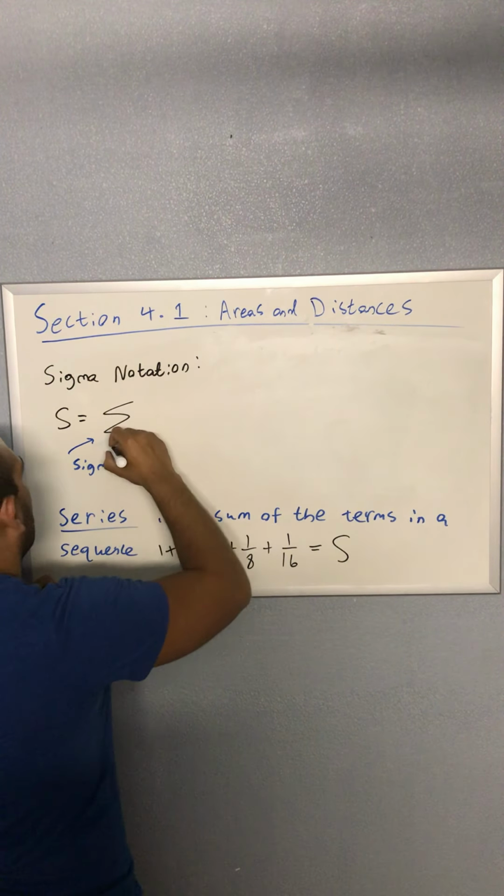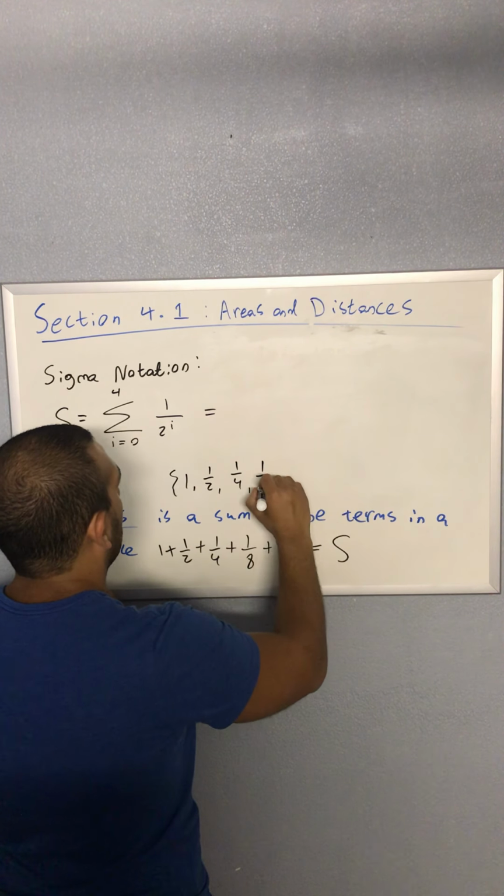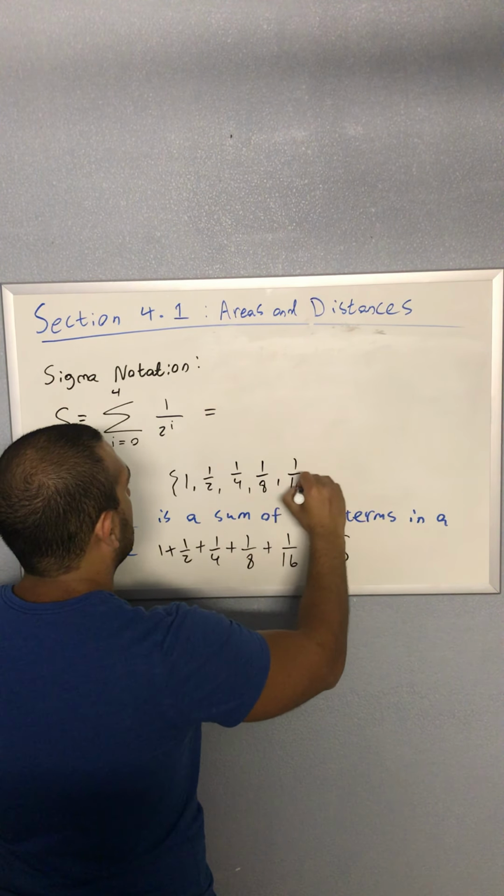So essentially, we're looking at the sequence that we construct. This says make the sequence of the first 5 terms here. So the sequence we've already seen would just be 1, 1/2, 1/4, 1/8, and 1/16. This is when i is 0, when i is 1, when i is 2, 3, and 4. These are the numbers we get.